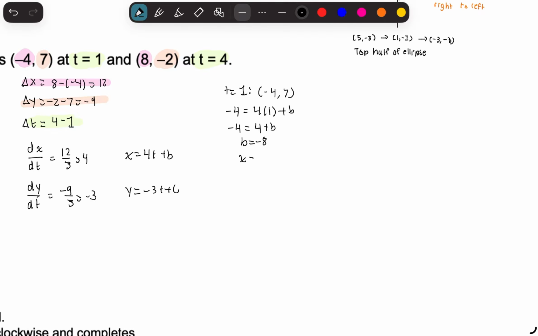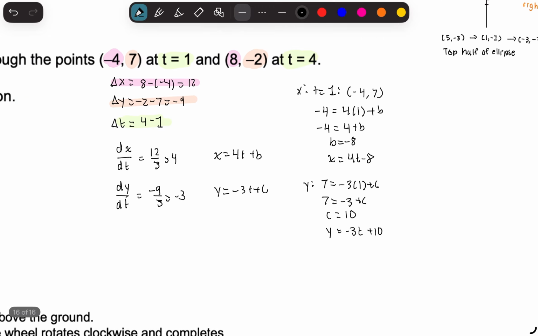So that means we have x is equal to 4t minus 8. For y, 7 is equal to negative 3 times 1 plus c. 7 is equal to negative 3 plus c. c is equal to 10. So y is equal to negative 3t plus 10. So those are our parametric equations.